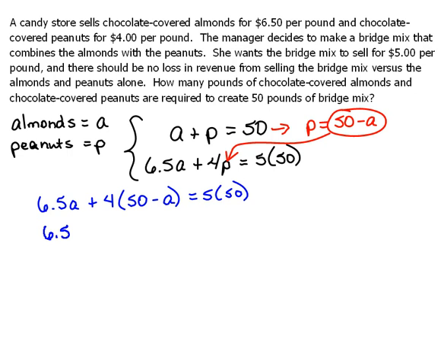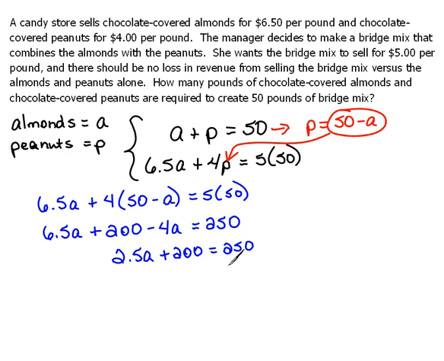So we'll have 6.5A plus 4 times 50 would be 200. 4 times negative A would be negative 4A, equals 5 times 50 would be 250. And now collecting our like terms, 6.5A minus 4A would be 2.5A plus 200 equals 250.